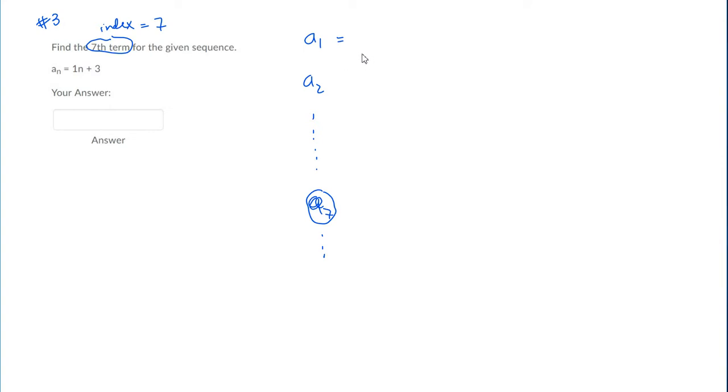Again, the formula is pretty straightforward. The only issue is that the input to the formula that generates the value of the term is actually the index number. That's what's a little bit unusual about sequences. In this case, for a1, the 1 is my input. So it's going to be 1 times my input plus 3, and my input happens to be 1 because my index is 1.